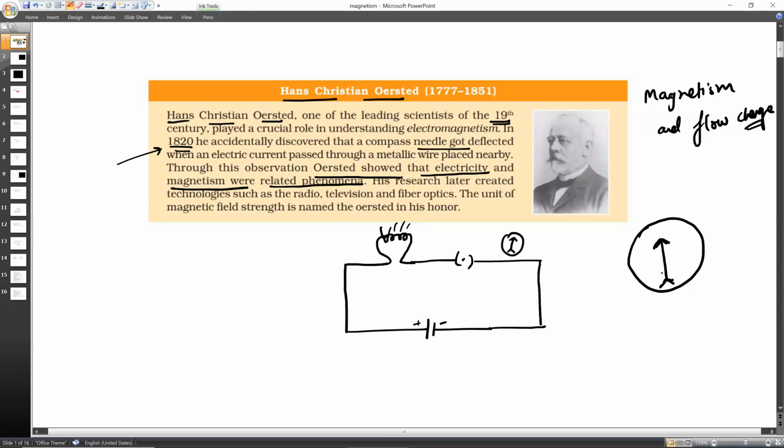Are you getting this? So Hans Oersted, one of the leading scientists of the 19th century, played a crucial role in understanding magnetism. In 1820, he accidentally discovered that a compass needle got deflected when electric current passed through a metallic wire nearby. Through his observation, Oersted showed that electricity and magnetism are related. His research later led to technologies like radio, television, and fiber optics.